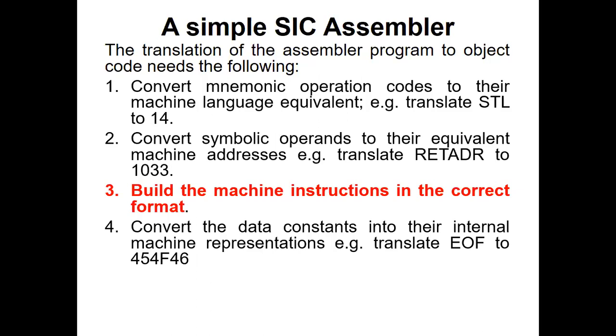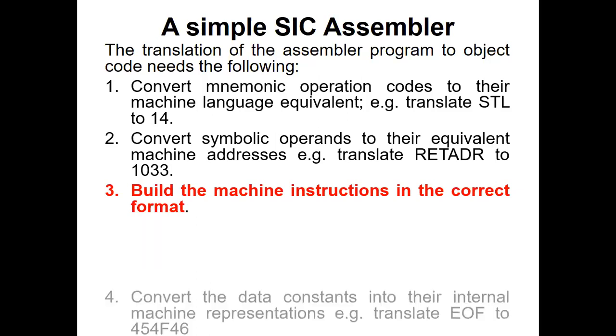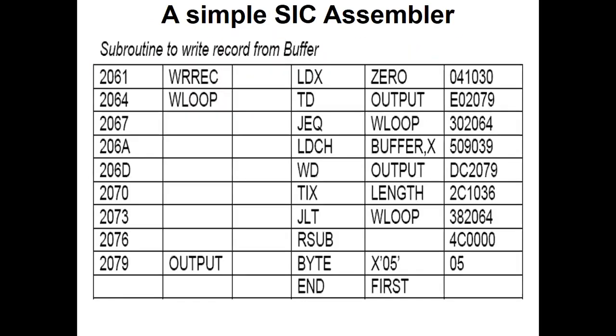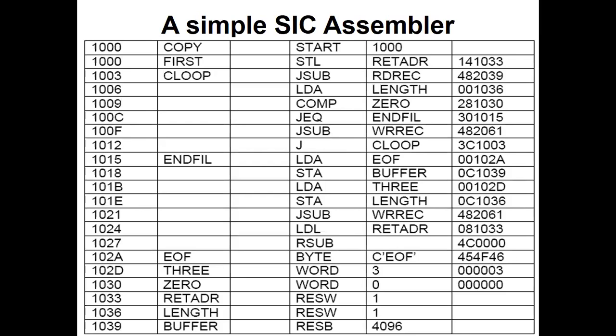Then you convert the data constants into their internal machine representations. For example, you need to translate EOF to 45, 4F, 46. Let me show you. When you look at this program, at address 102A, they are saying byte characters EOF.